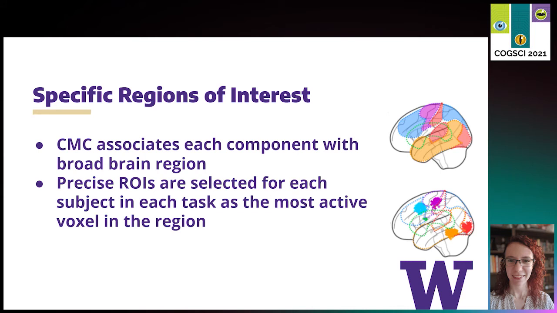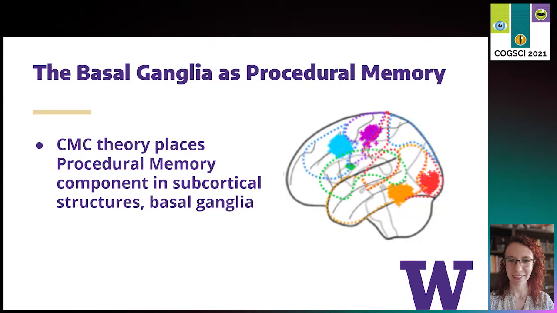And the precise region of interest that gets used for any given individual in any task in the analysis is simply the most active voxel or point within that large region. A particular note for this talk is that the procedural memory component is pretty much located smack dab in the middle of the basal ganglia. So we can draw a direct connection between the procedural memory component and the basal ganglia.